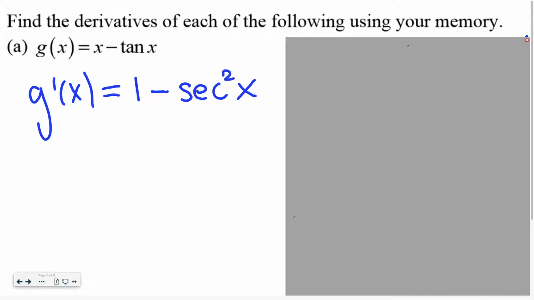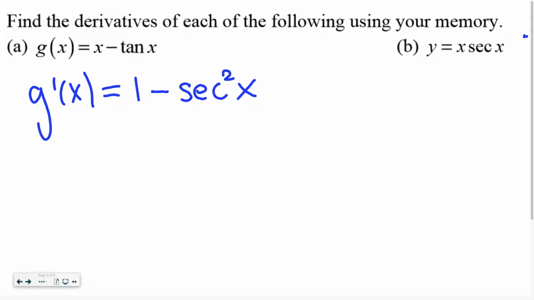Write this one down. What rule do we have to use?